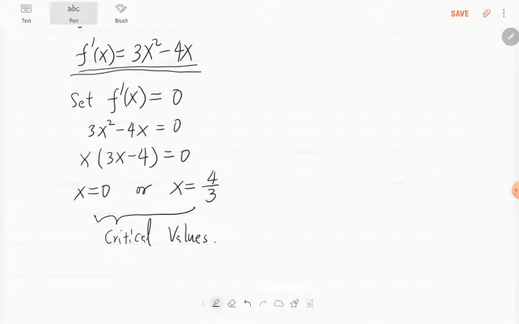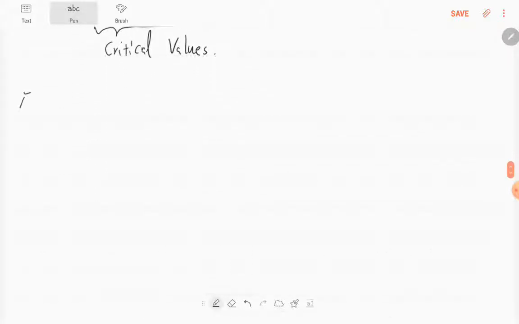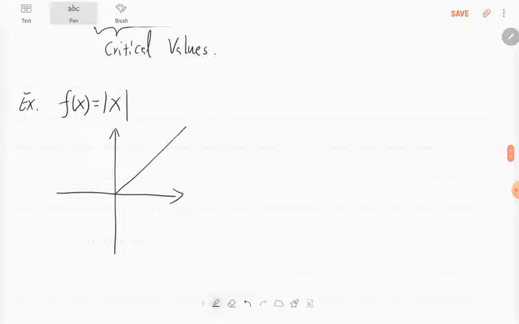So now let's look at another example. f of x equals the absolute value of x. The graph for this function is given by this one, right? And we know that at this point, the derivative does not exist because this is a sharp corner or sharp point.